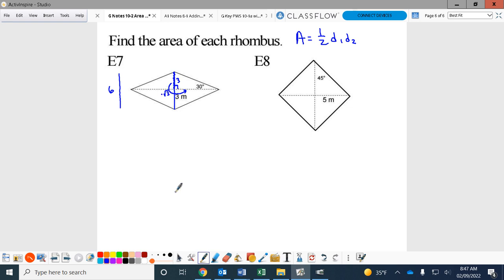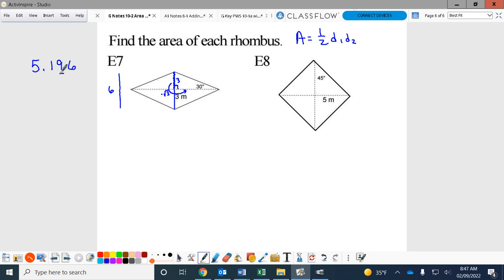So grab your calculators. Do 3 times square root of 3 equals. Now I think this is a weird rounding one. Trying to remember. It's like 5 point something. 5.19. Okay, so here we go. Within the problem, we read it rounded to 2 decimal places.